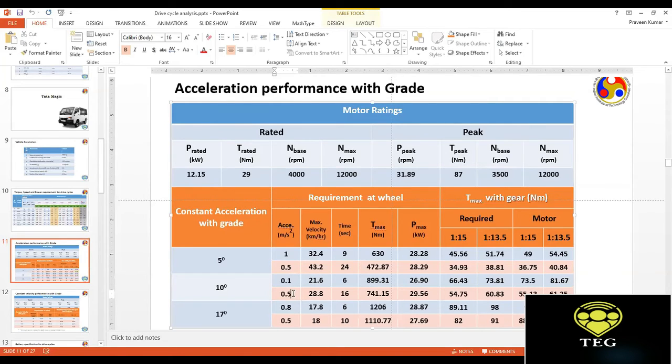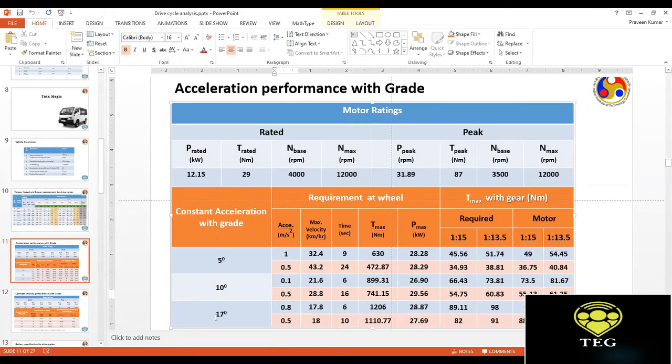Similarly, if you want an acceleration of 0.5 meters per second squared at 10-degree grade, then you need a maximum torque at the wheel of around 741 newton meter, and the maximum power at the wheel around 30 kilowatt, and it keeps on increasing.